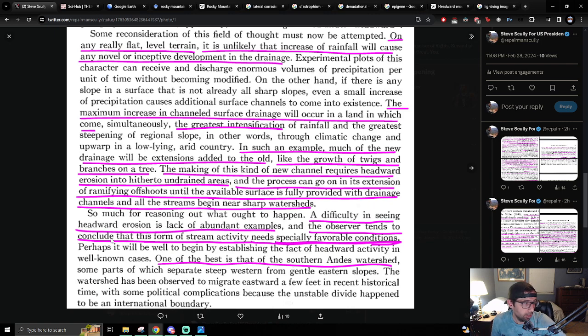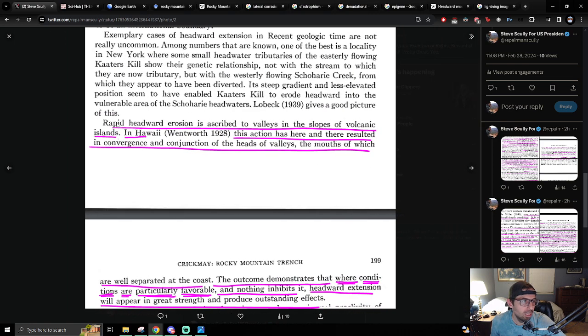The observer tends to conclude that this form of stream activity needs specially favorable conditions, like the flood. One of the best examples is from the Andes. Rapid headward erosion is ascribed to valleys in the slopes of volcanic islands. In Hawaii, this action has here and there resulted in convergence and conjunction of the heads of valleys, the mouths of which are well separated at the coast.